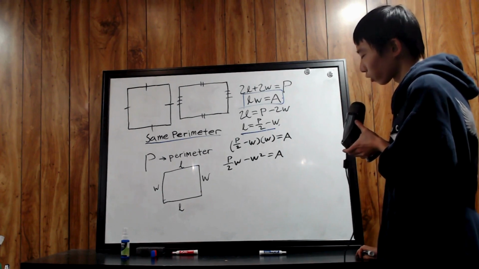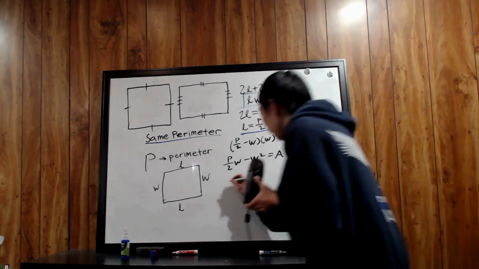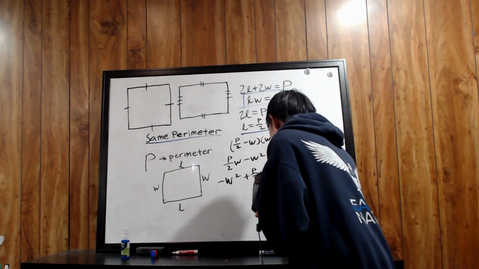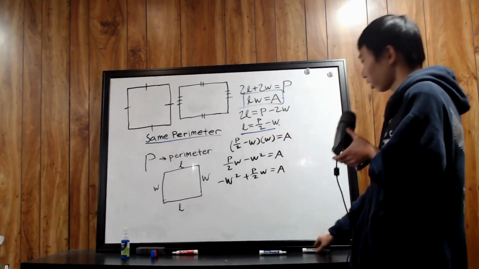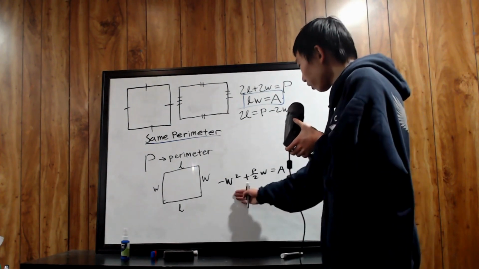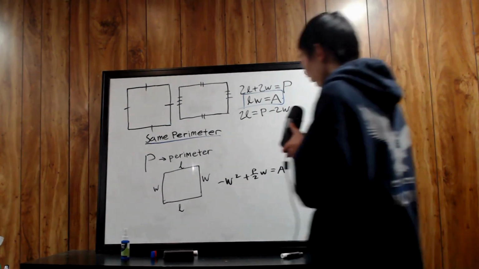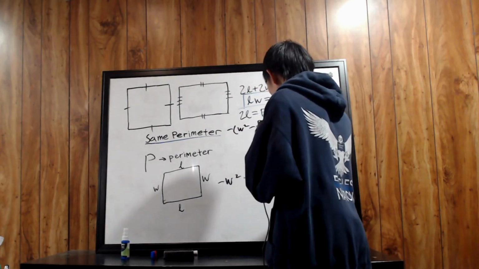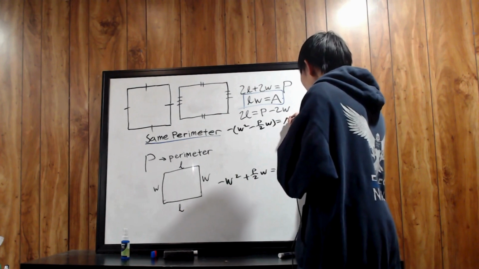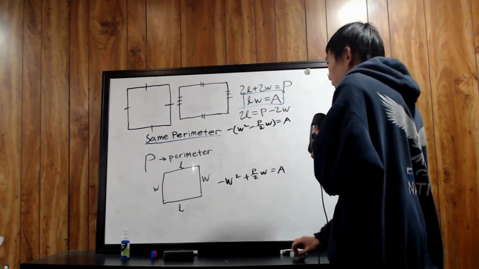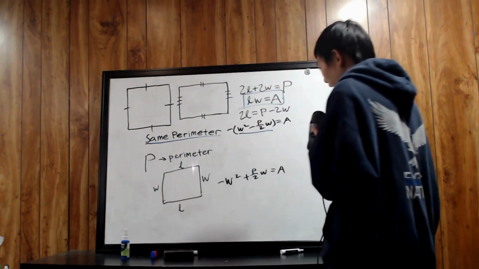Now we're going to rearrange, and we have negative W squared plus P over 2 W is equal to A. Now let's consider this equation. Let's factor out a negative 1 on the left side, so we have negative, W squared minus P over 2 W, equal to the area A. Now we can complete the square inside here.